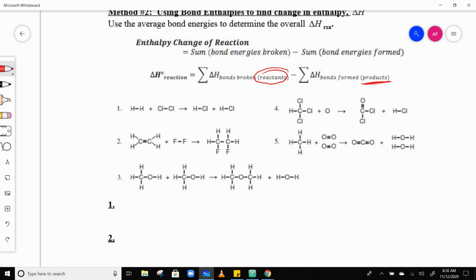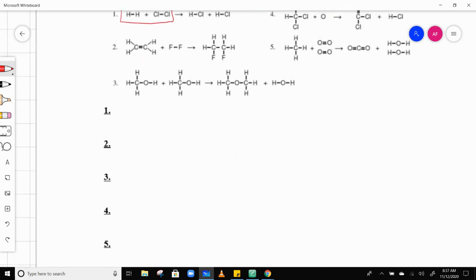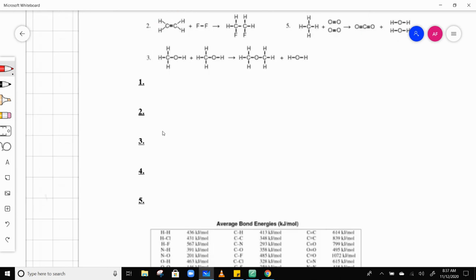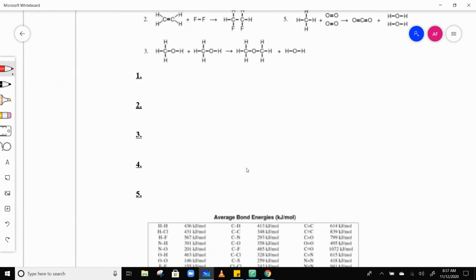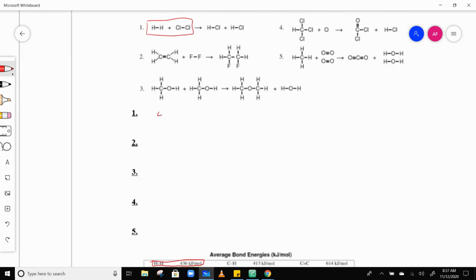Okay, so for example here, you just look at the bonds in the reactants. So the bonds in the reactants here are HH and ClCl. There's one of each of them. Okay, and then you're going to go down to the chart here. HH is 436 kilojoules per mole. So you have one of those. So 436 plus ClCl.